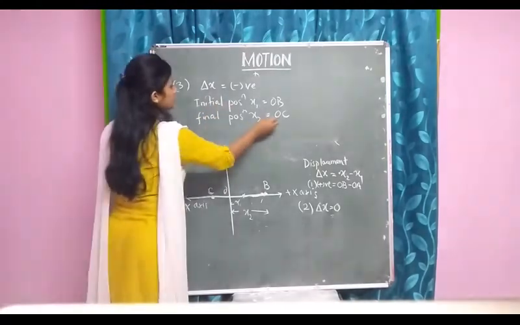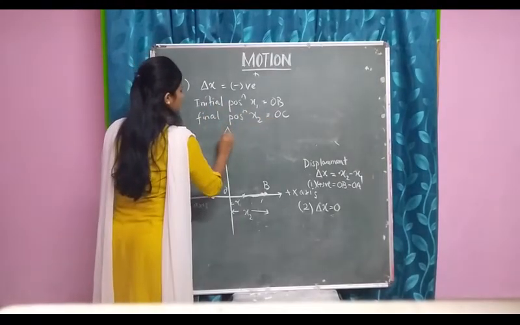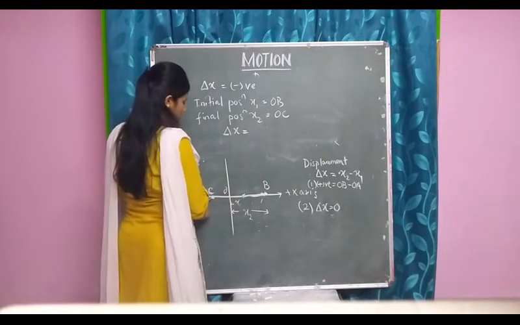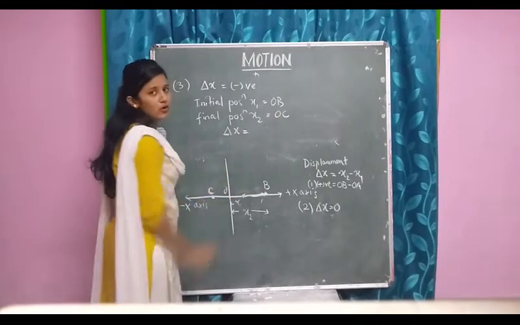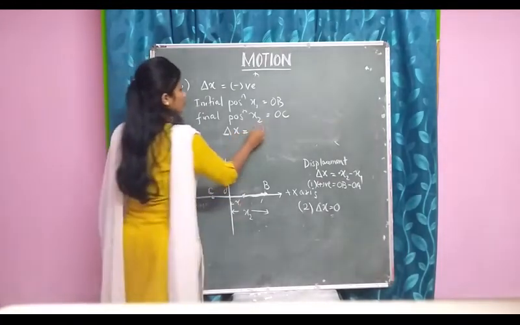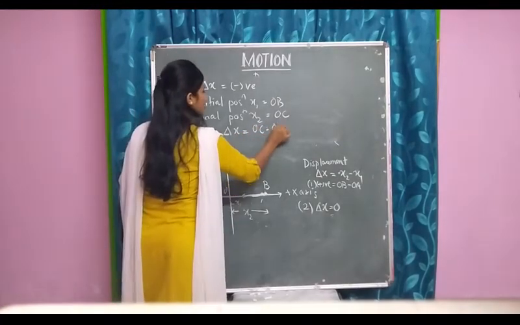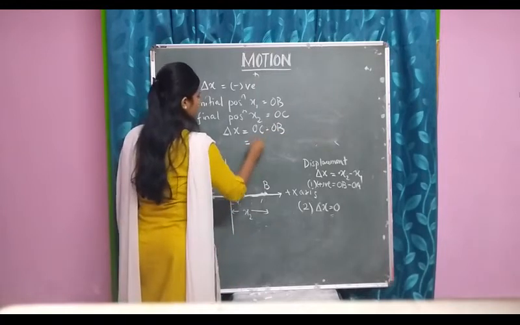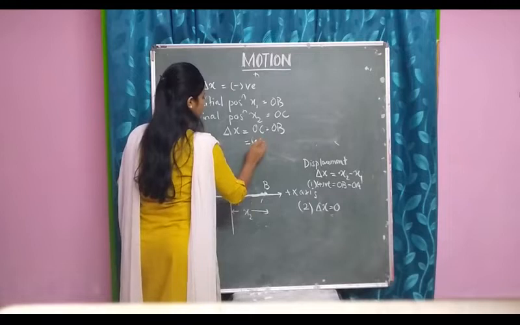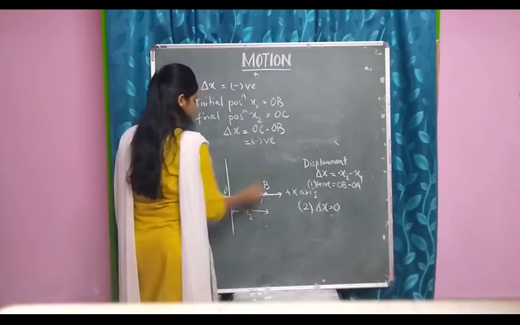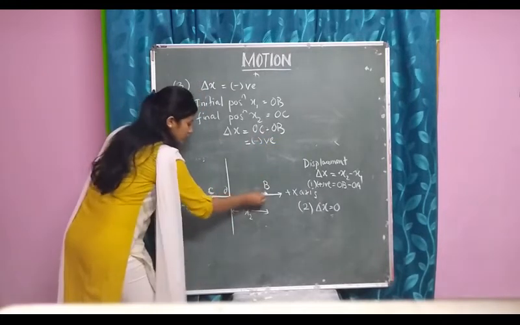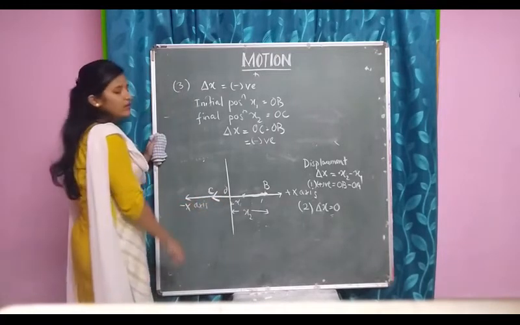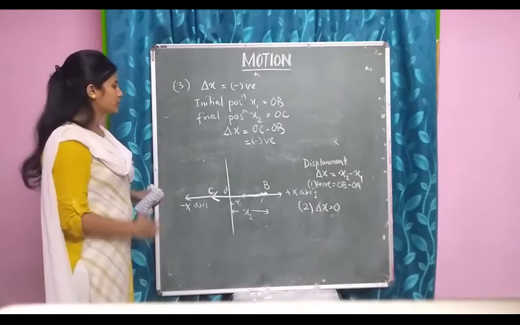Then in this case, what will our displacement be? Del x will be OC minus OB, which will give you a negative displacement, because the direction will be towards the negative x axis.